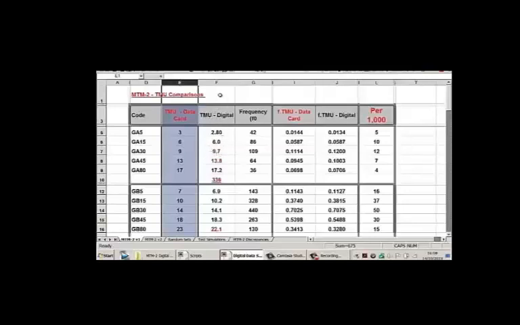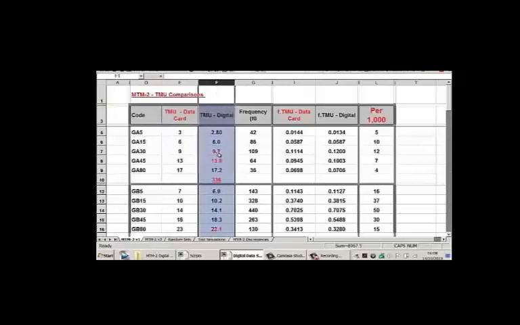The next column are the digital TMU values. This fourth column is the frequency of occurrence of each of the codes within the 1971 MTM-2 project.